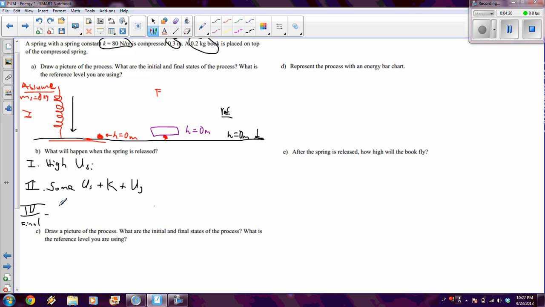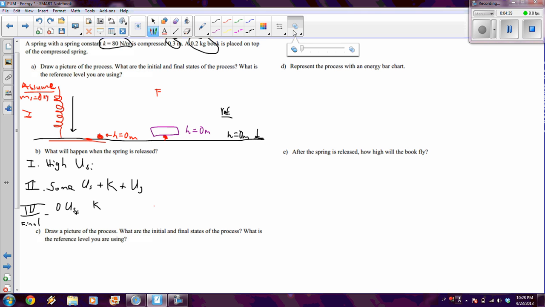And in our final stage, part 3, we could say final, we're going to have 0 elastic potential energy. We will have a high amount of kinetic energy, actually the maximum amount of kinetic energy.